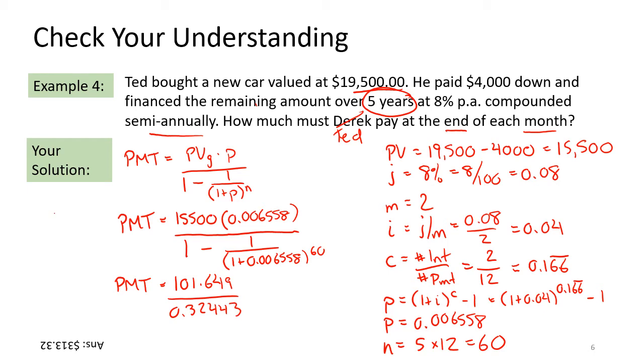I'm giving you these intermediate numbers so that if you're doing this problem yourself, you can see if you're getting the same numbers, or if you're not entering them correctly into your calculator. If you calculate that out, you get $313.32. That would be his monthly payment.